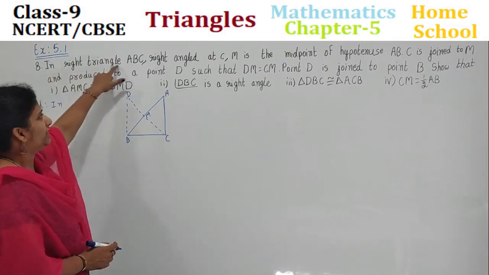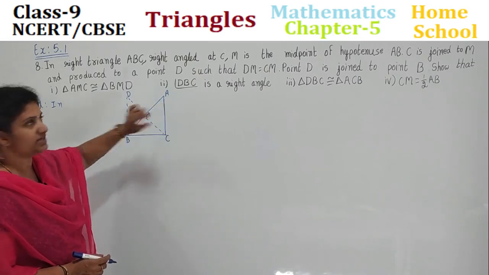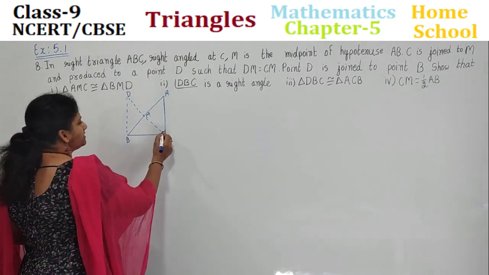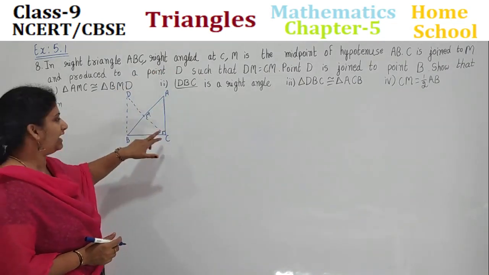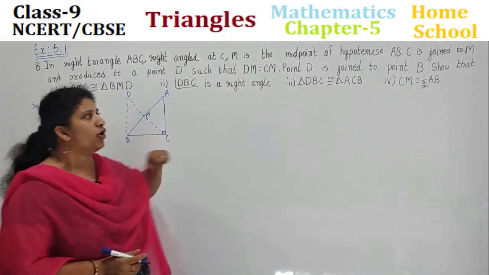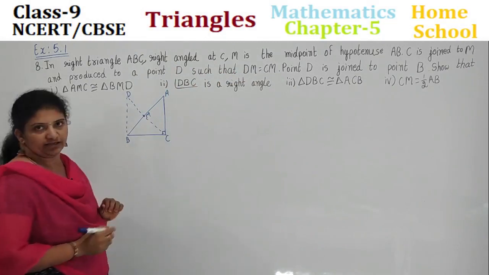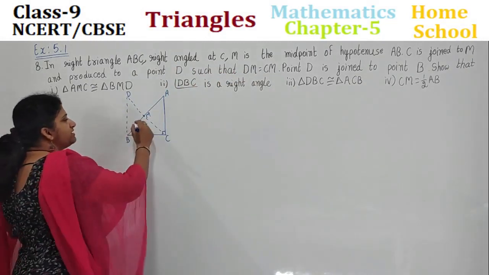In right triangle ABC, children, observe here, right triangle ABC, right angled at C. M is the midpoint of hypotenuse AB.